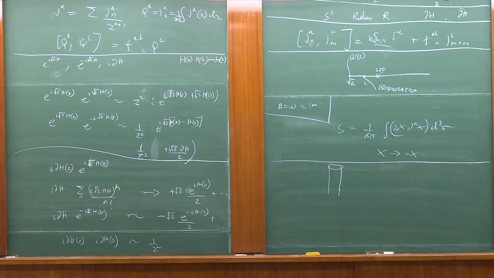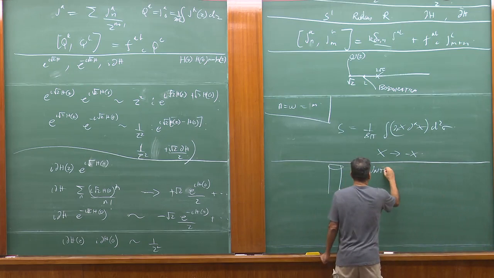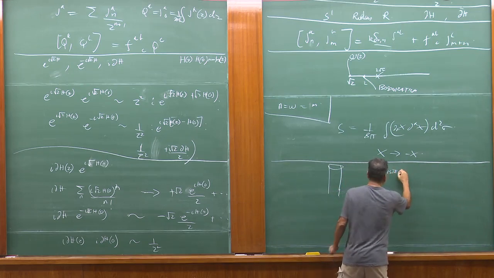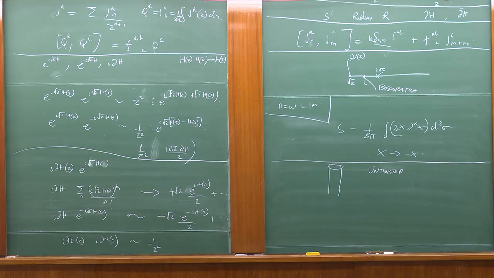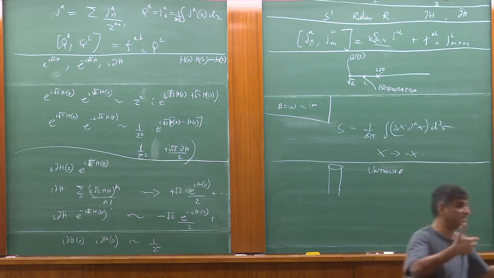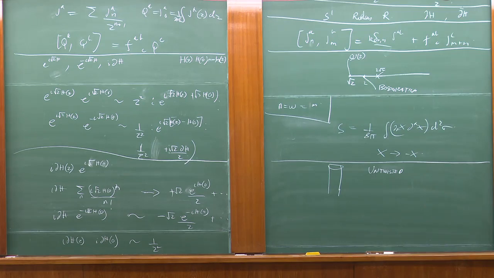Now, in the untwisted sector, the theory is exactly the same as the non-compact, un-orbifolded theory, except for one constraint. All states in the theory have to be invariant under the operation of doing X to minus X. Right? Because we've declared that, when we study gauge theory, the only states in the theory are gauge invariant states.